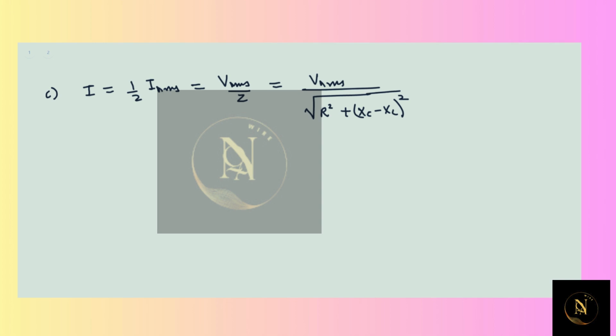So this gives us R squared plus (XC minus XL) whole squared equals 4 Vrms squared over Irms squared.